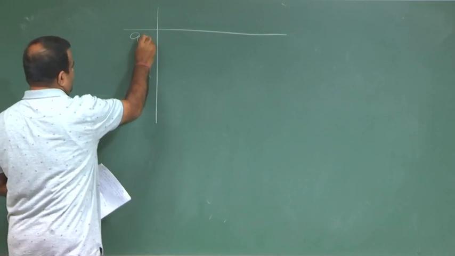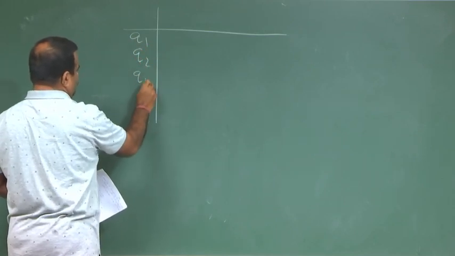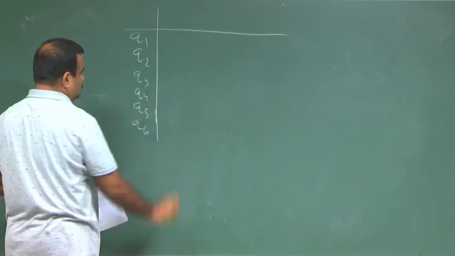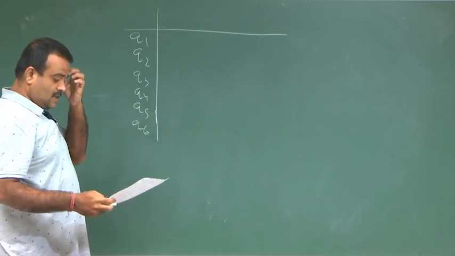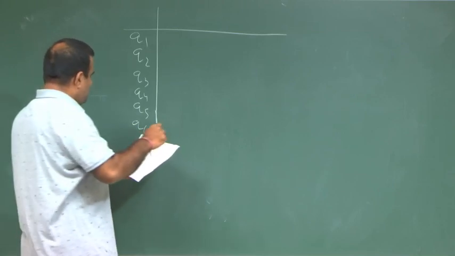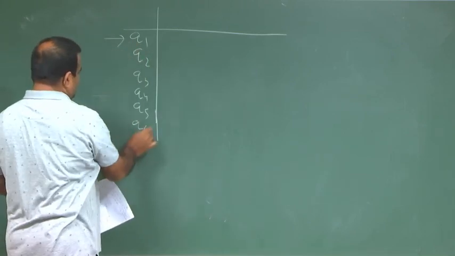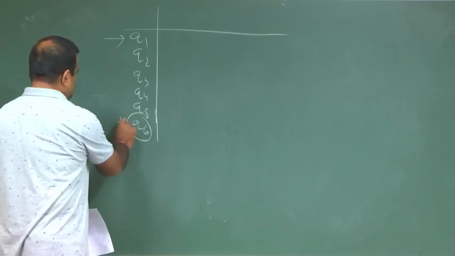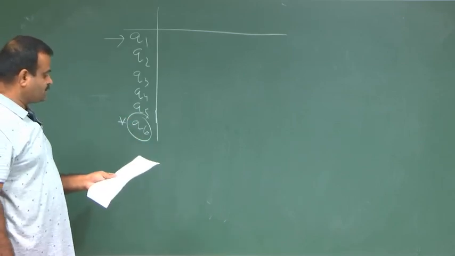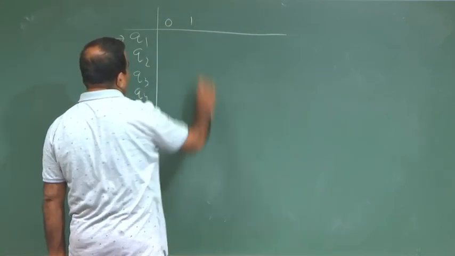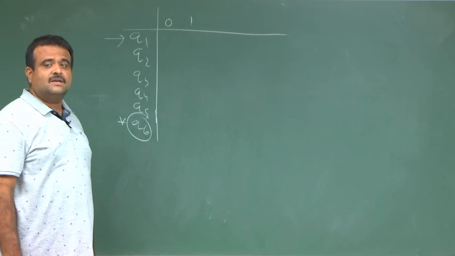So, we have the states Q 1, Q 2, Q 3, Q 4, Q 5, Q 6. Okay. Now, this is the starting state and this is the final state. We put the star over here. Now, what are the input symbols? 0 1 are the input symbols, and what are the other tape symbols?